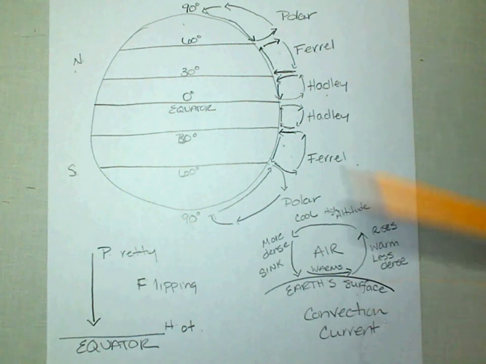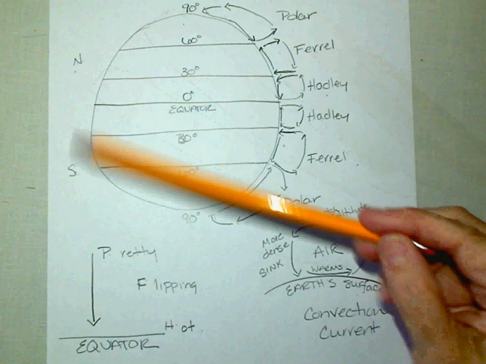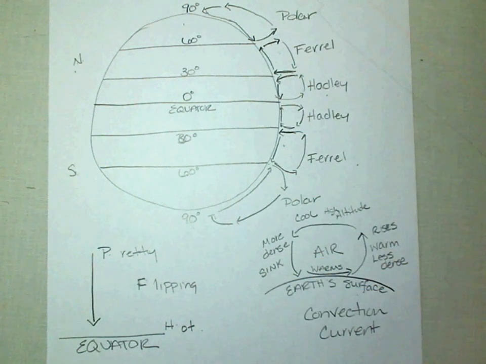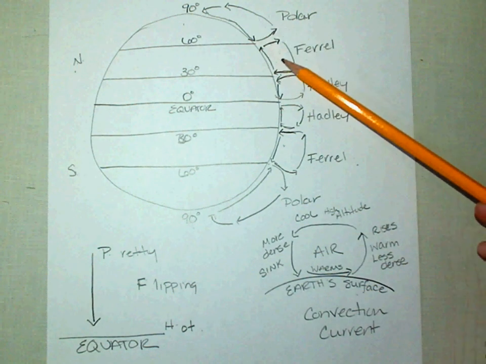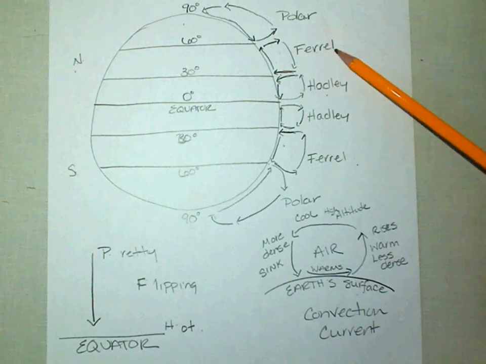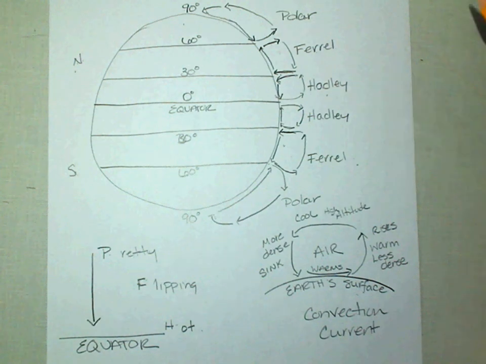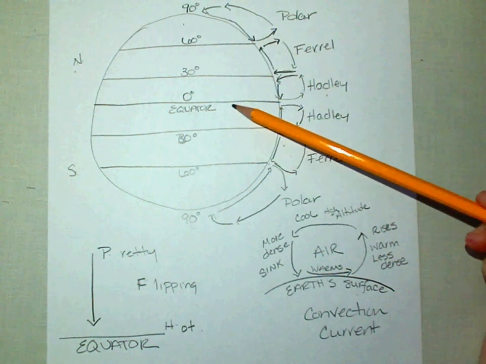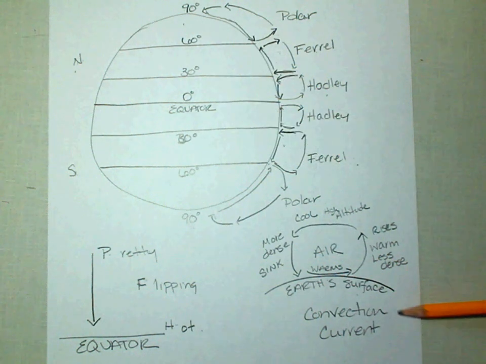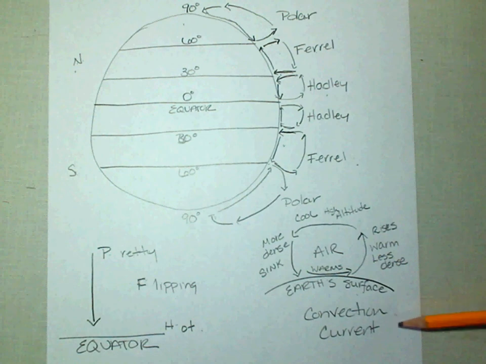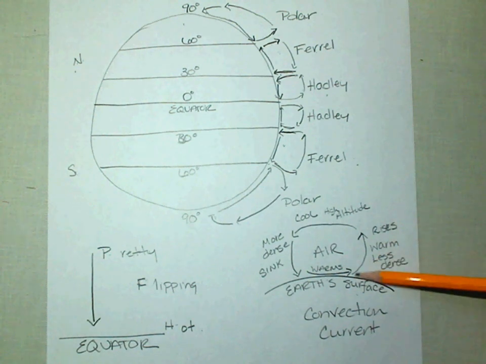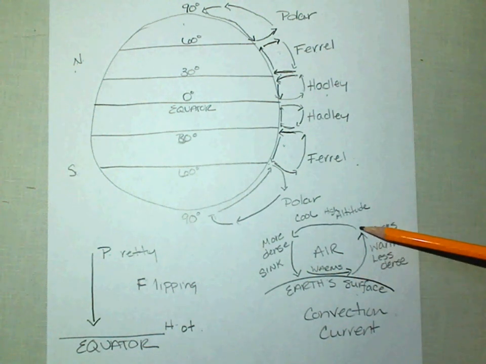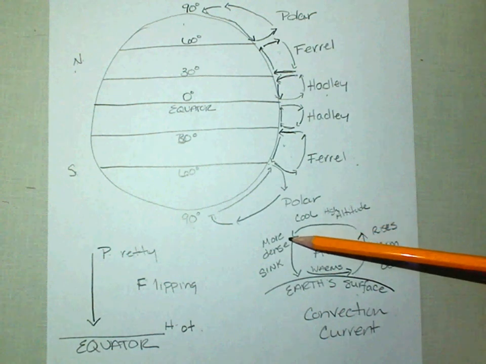And these are the cells that we have: polar cells, Ferrel cell, Hadley cell, as they go from the poles down to the equator. If you can keep that convection current in your mind, warm air rises because it's less dense, gets to higher altitudes, cools off, becomes more dense and sinks, comes across the Earth's surface and heats back up and keeps right on going.